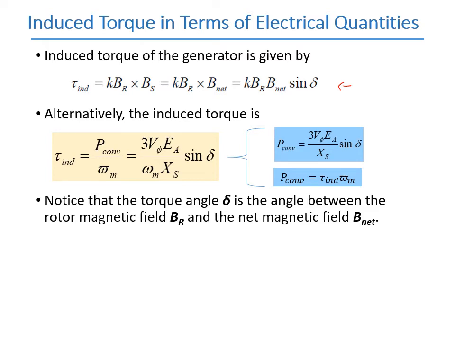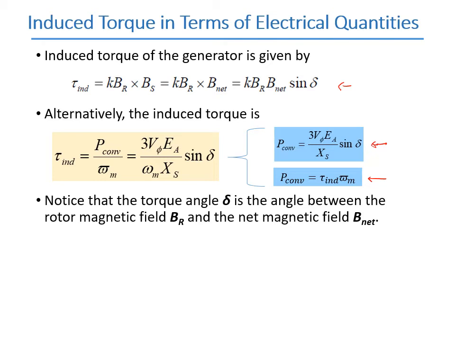Starting from these two equations: this is the equation for the converted power that we derived on the previous slide, and this is another equation for the converted power. The top one is more of an approximation, but the bottom one is the actual equation for the converted power, induced torque times omega m.